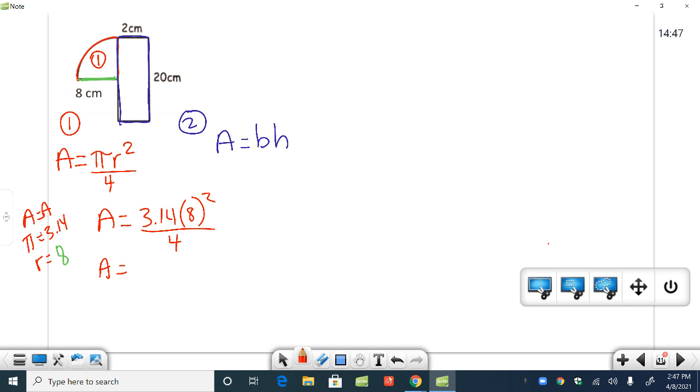Area: 8 squared means 8 times 8, which is 64. 3.14 times 64, sorry. And when we multiply those out, I think I may have made a mistake on my notes, but I just want to double check. 3.14 times 64, 200.96.